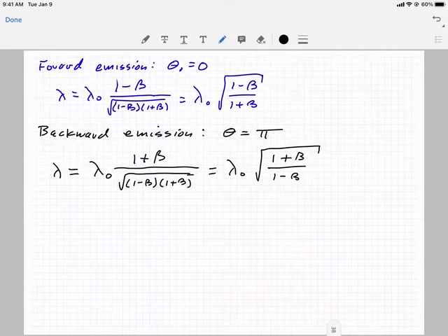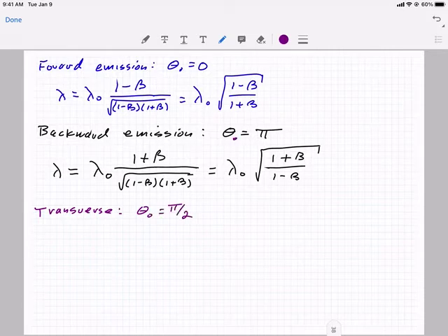So now we want to go to the transverse effect, because it's the transverse effect that we were most interested in. The transverse is easy. We have that theta naught is equal to pi over 2, and so cosine of theta naught is equal to 0. And so I can write directly lambda is equal to gamma lambda naught.